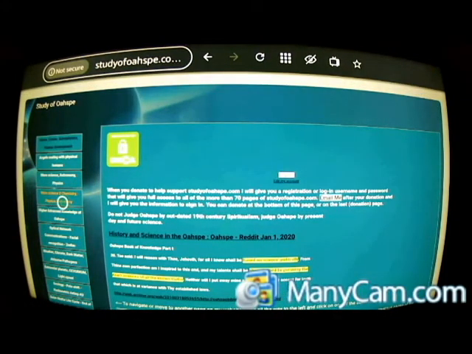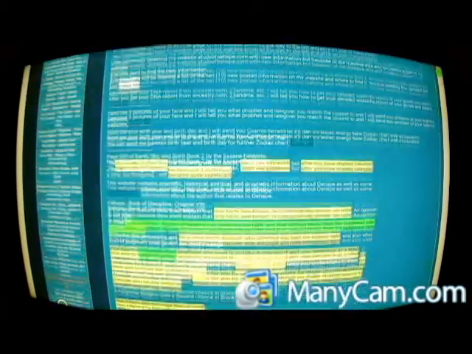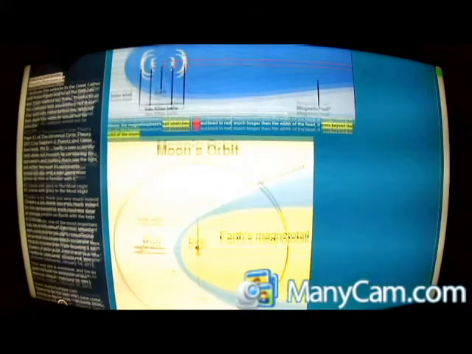It says on the tab there: Home, Cycles, Astrophysics, Human Development, Study of Oahspe. And scrolling down, back to the subject of the magnetosphere, vortex of the Earth.